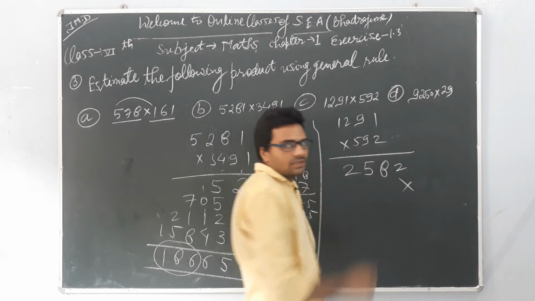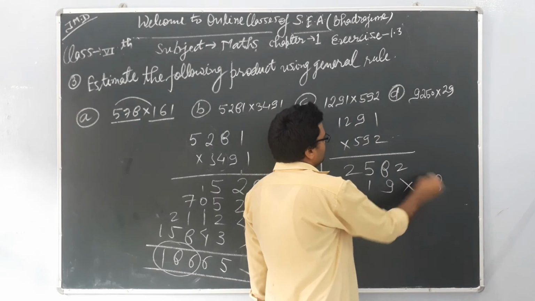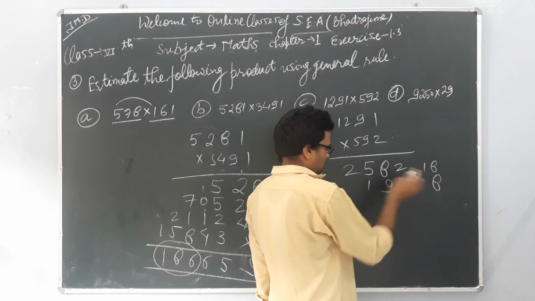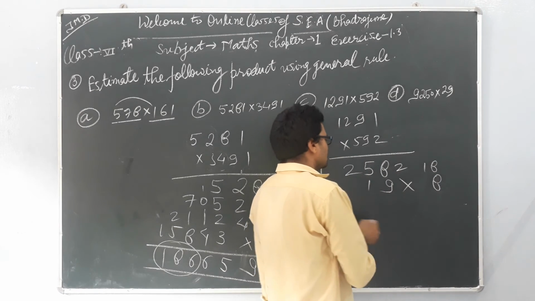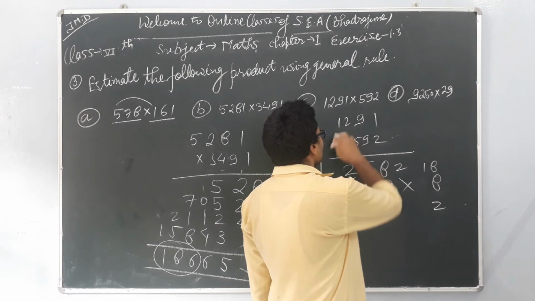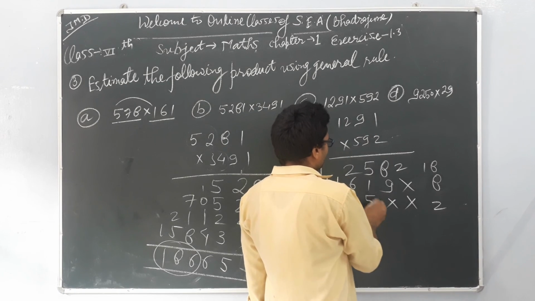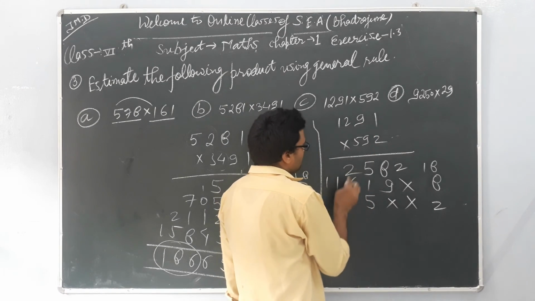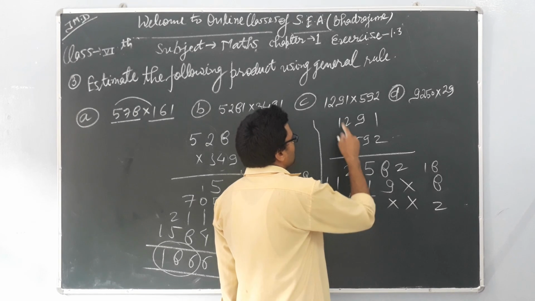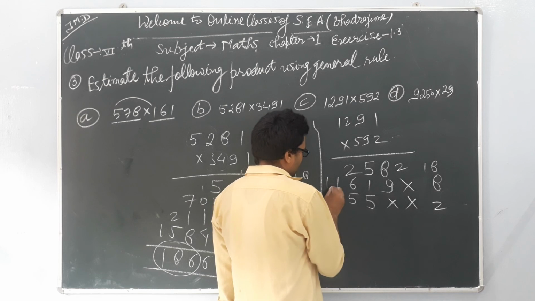Now we will multiply with digit 9: 9 1s are 9, 9 9s are 81, 8 carry, 9 2s are 18, 18 plus 8 is 26, 6, 2 carry, 9 1s are 9, 9 and 2 is 11. Now 5 1s are 5, 5 9s are 45, 4 carry, 5 2s are 10, 10 plus 4 is 14, 1 carry, 5 1s are 5 plus 1 is 6.